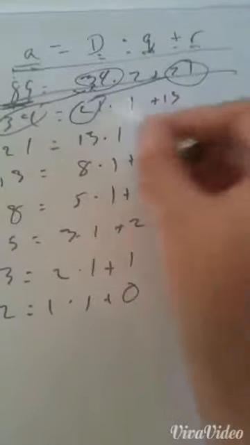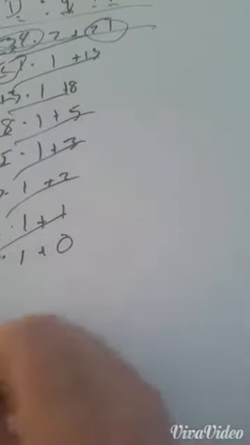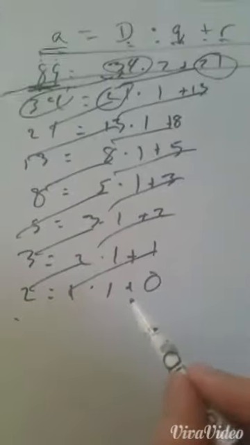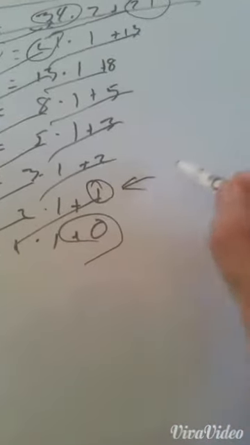It goes on, you just keep sliding them over, sliding them over, sliding them over, until you end up with a remainder of 0. In which case, you then look at your last remainder, and that's your GCD, your greatest common divisor, of course, between your original two numbers.